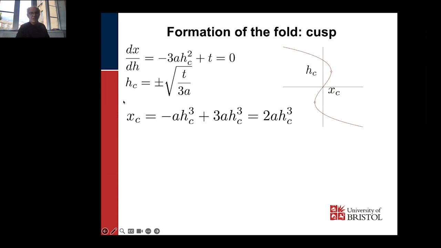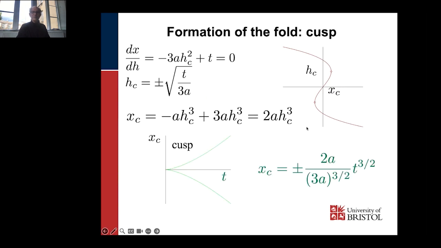So that allows me to write hc, this point here, as a function of t. I insert back into the original expression for x, and I find that x goes like hc to the third.